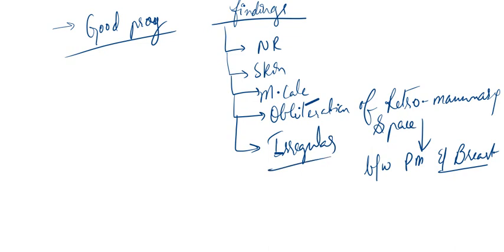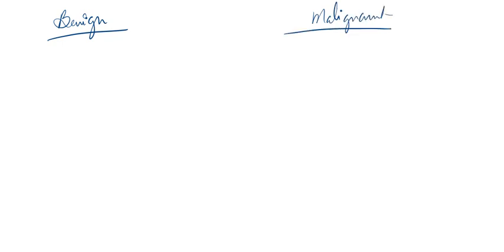Now we discussed all the things, we discussed each and every point. Now let's check what are some of the differences which make a benign disorder different from a malignant condition. Guys, I'm not writing because I don't want to waste much time, because I know you have studied at least once.